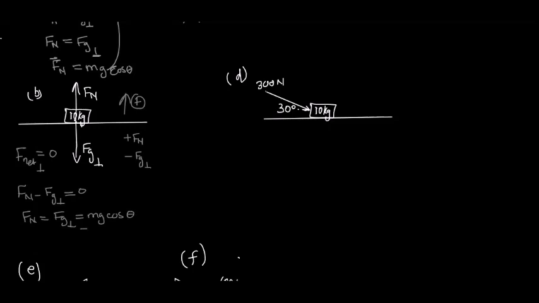In this case we have 10 times 9.8 cos of the angle. On a horizontal surface, we all know the angle is 0 degrees, so that would be cos of 0 degrees.